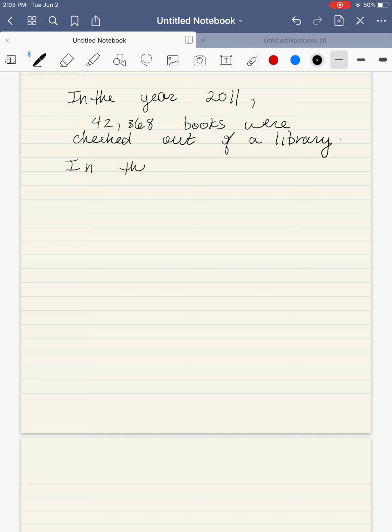And let's say that I know in the year 2013, 41,112 books were checked out.